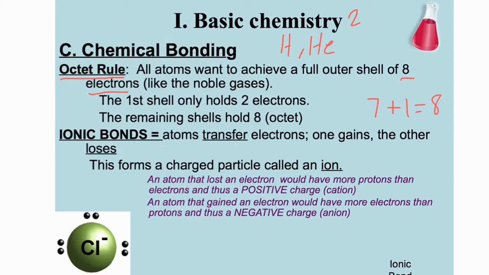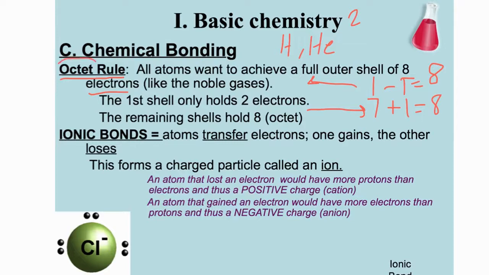Now, atoms that have 1, there's no way they're going to add 7 to get 8. But if they can subtract that 1, it won't equal 0 because their next energy level of electrons will be full with 8. So some elements want to get rid of electrons, and other ones want to get them.